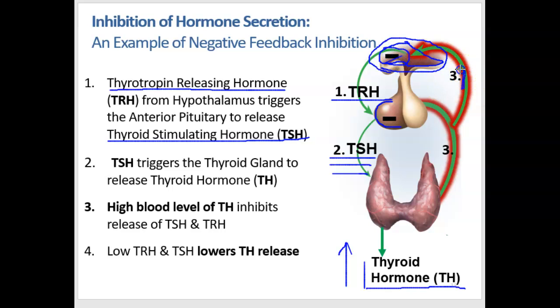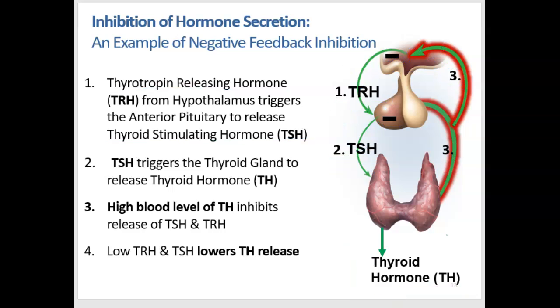That's what this number 3 here is. That causes inhibition of TRH and TSH secretion. Ultimately, if you stop TRH production and that stops TSH production, thyroid hormone will go down in the blood. So that's negative feedback inhibition.